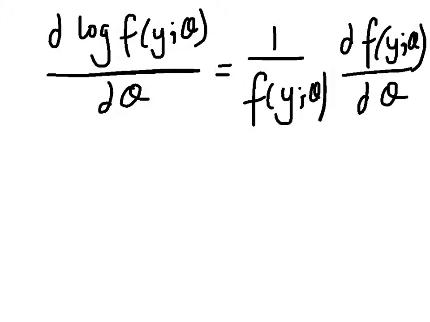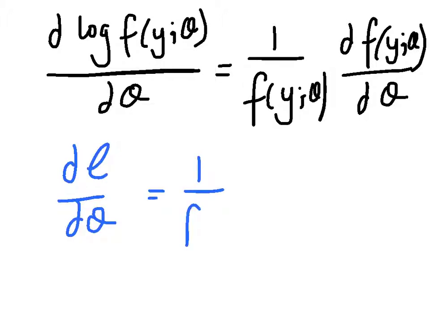Because we're going to run out of space, we'll write that as dL d theta is equal to 1 over f times df d theta. When we use this shorthand notation, that's what we're referring to.